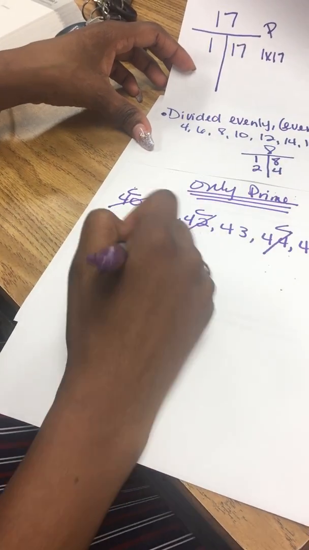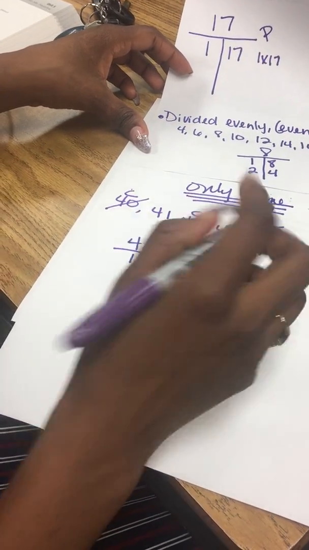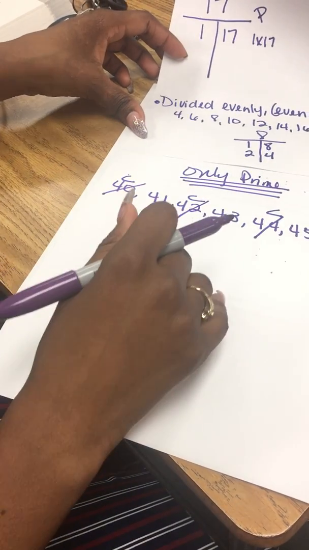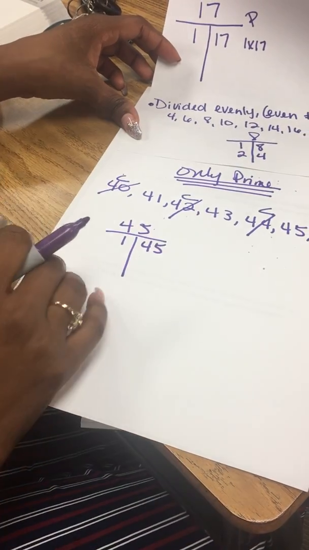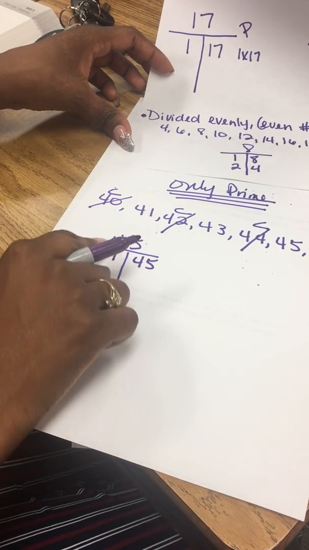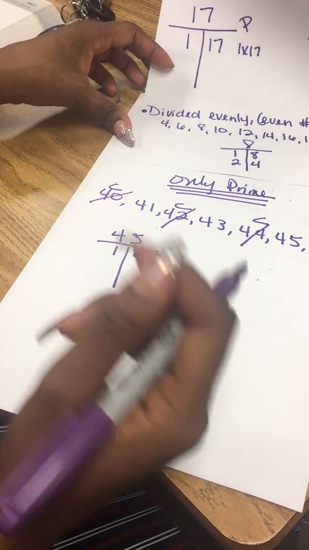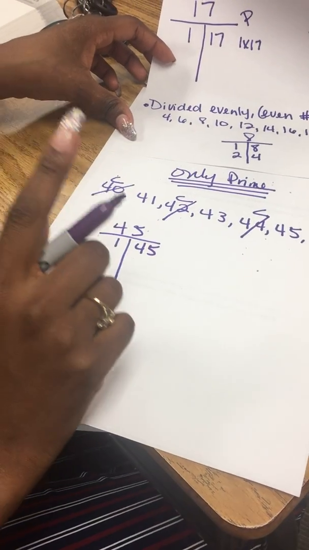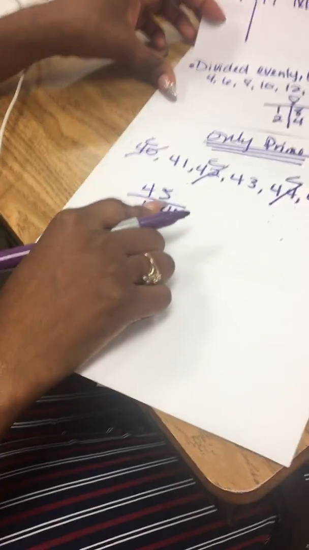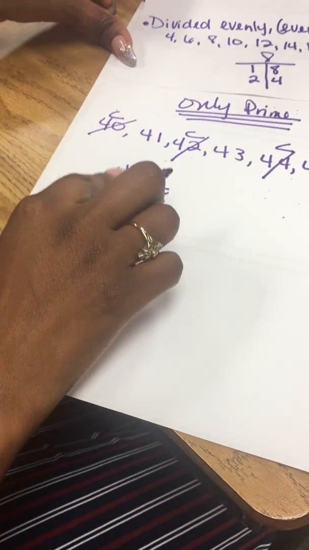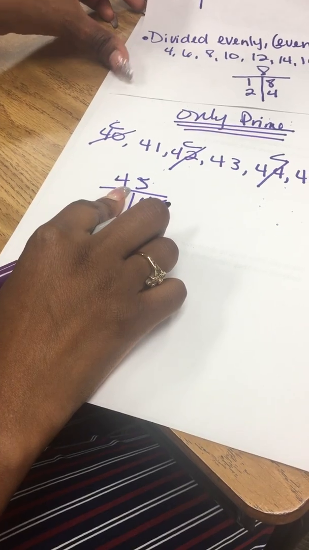You want to make sure that you do 1 and 45 every single time. Then you look at it and ask, does this divide by 2? My students know that all even numbers divide by 2, and this isn't an even number, so it's not. But does it divide by 3?